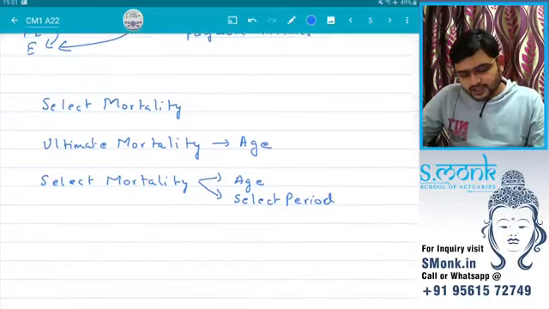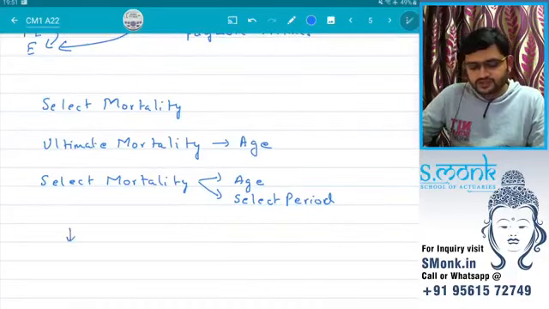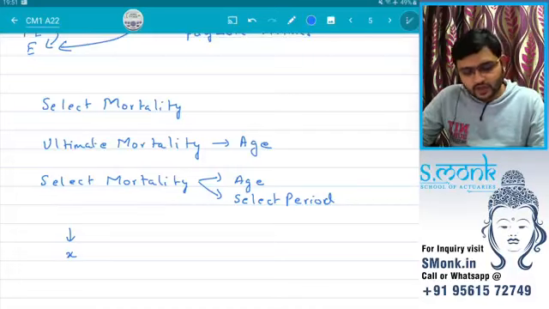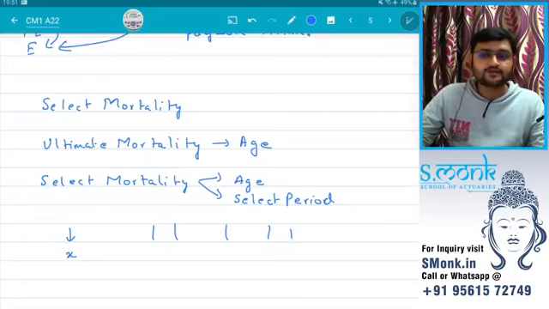So let's say we did a screening process or a selection process when the policy was bought at age X. As we said, we cannot do a selection process again. We cannot do that screening process again for the sake of changing our policy.